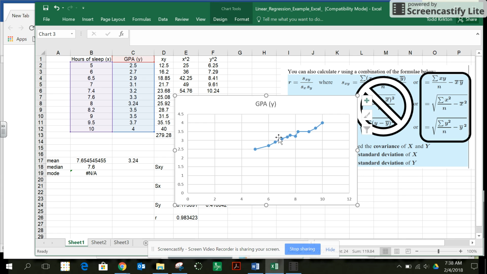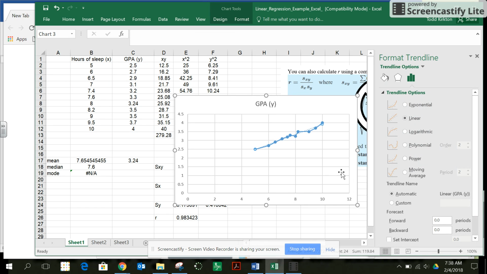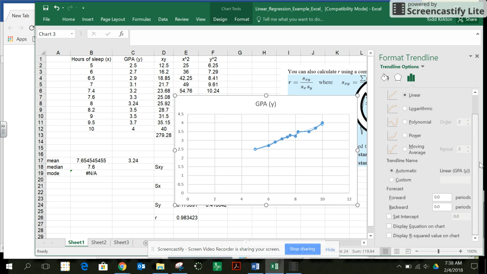I don't want these lines on here. So I'm going to modify it and put a trend line on it. I want a linear trend line, and I want to display R squared. I'm going to get rid of this plotting somehow.